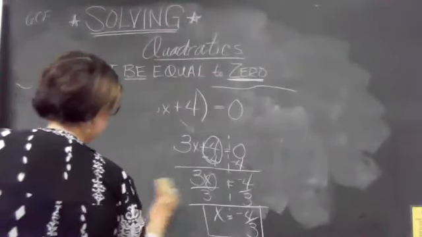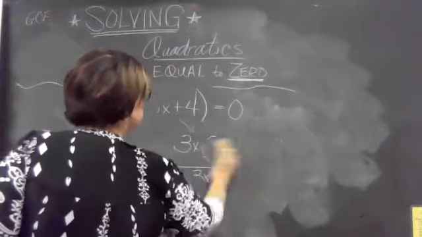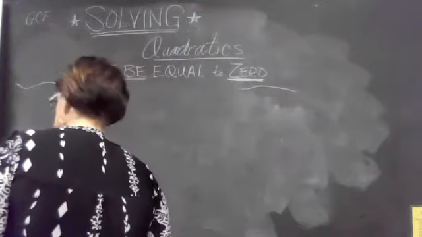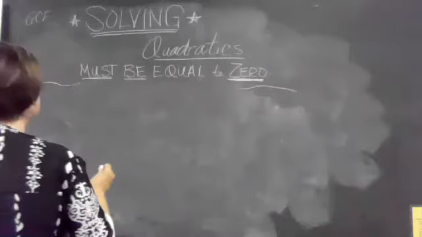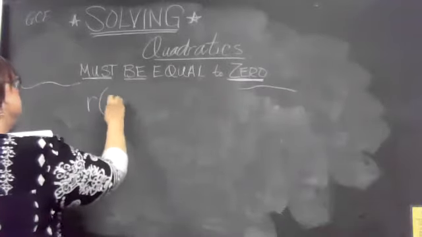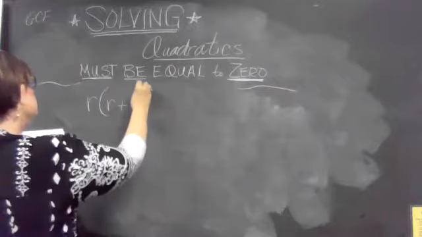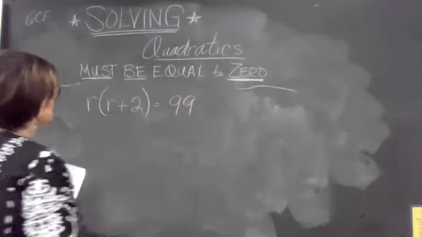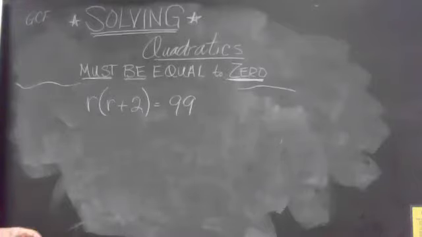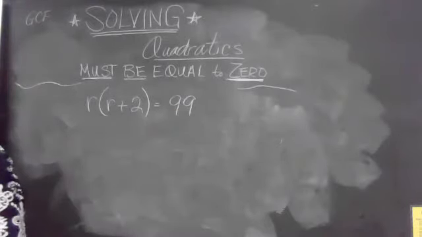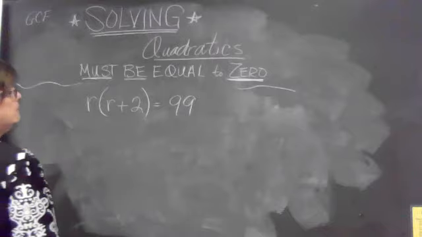Okay. Number 6. Now the problem here is that it is not equal to 0, so you can't do anything until it's equal to 0.